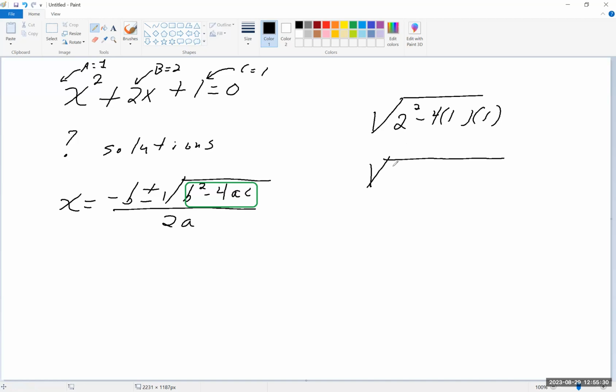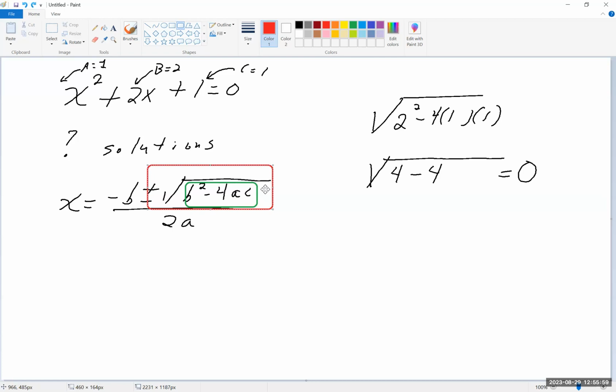And when we solve it, we actually get 0 in this case. And what's essentially happening is you're eliminating all this from the formula. It ends up being 0.